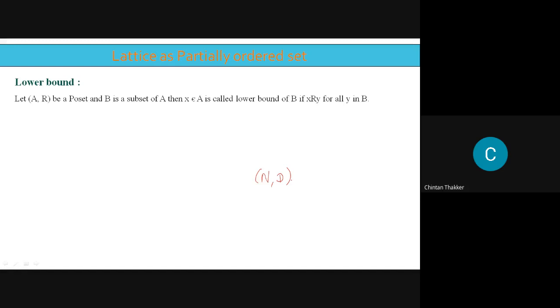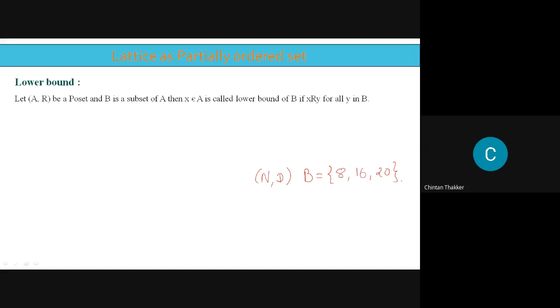Okay, so if we consider here that B contains 8, 16, 20. Suppose we have these three elements.